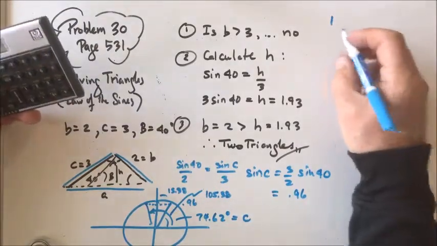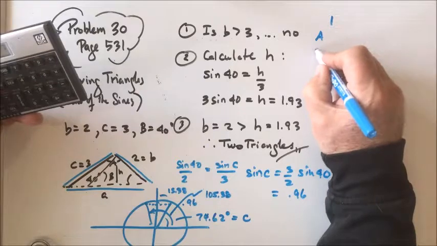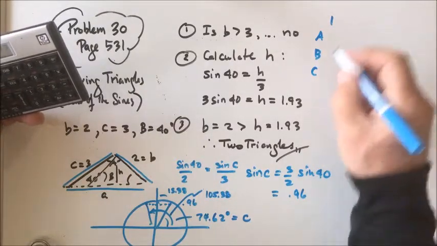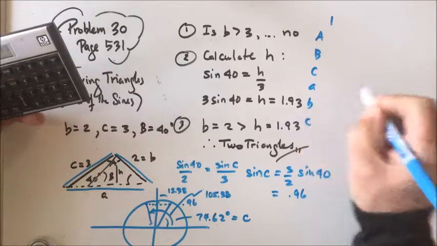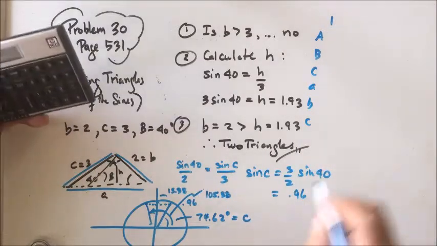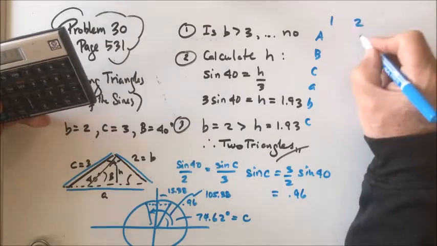So I've got two triangles, and there's one of them. It's got an A, B, C, and then there's a second triangle. I'm never going to be able to jam this all in here, but I'm going to try.